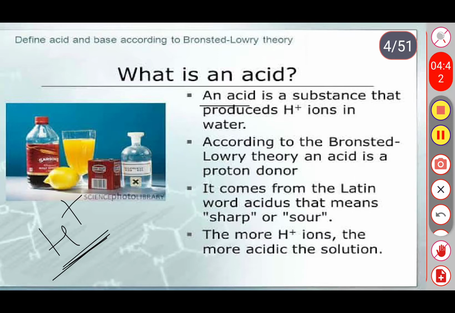An acid is a substance that produces H plus ions, that is hydrogen ions, in water.